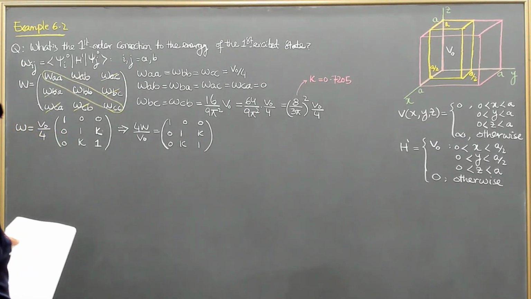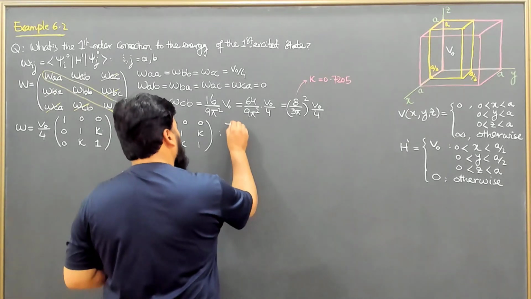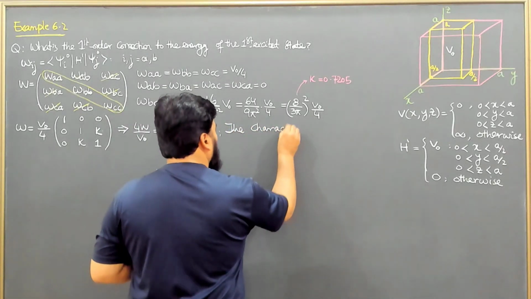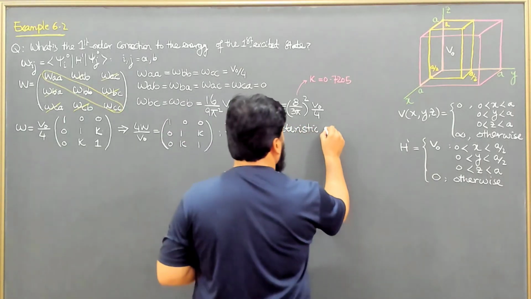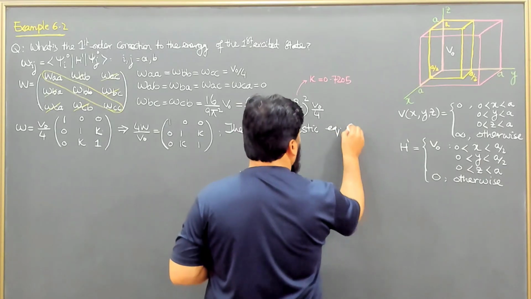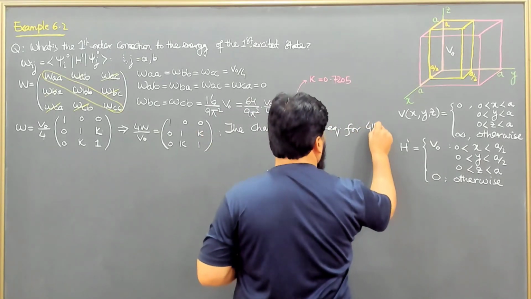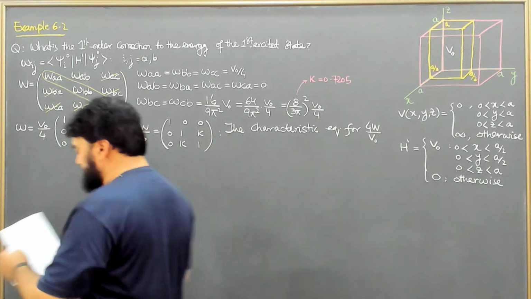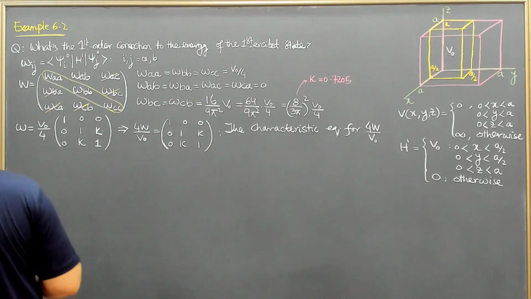And now I find the characteristic equation for 4W over V naught. So it will be just this determinant.